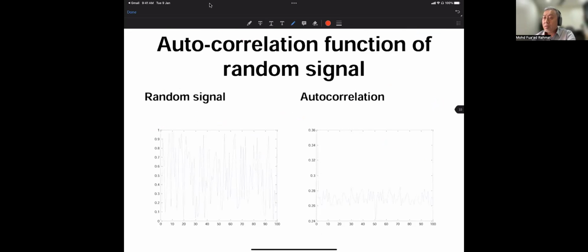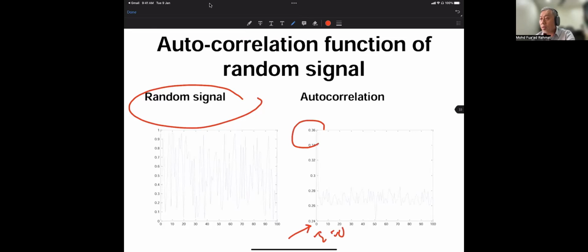Then the random signal, this is the random signal that we generate between 1 and 100. And the autocorrelation function is shown here, where tau equal to 0 gives a maximum value of 0.36.